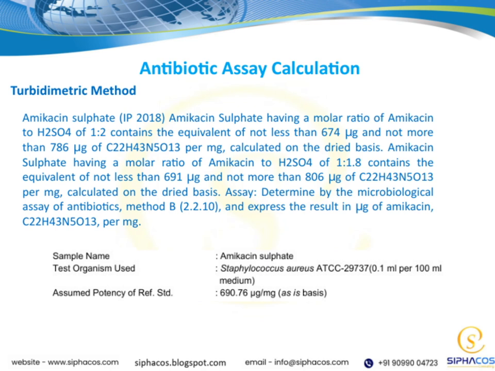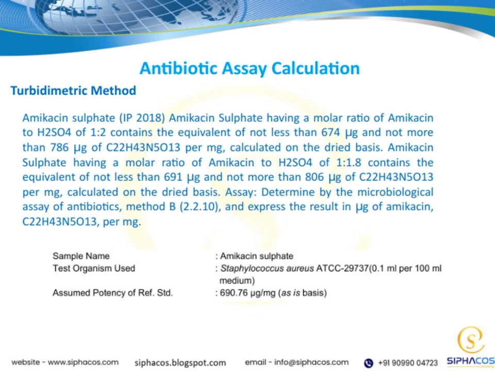For the 1:2 ratio, the amikacin content ranges from a minimum of 674 micrograms to a maximum of 786 micrograms per milligram of the dried substance. Similarly, for the 1:8 ratio, it's slightly higher, from 691 micrograms up to 806 micrograms per milligram.